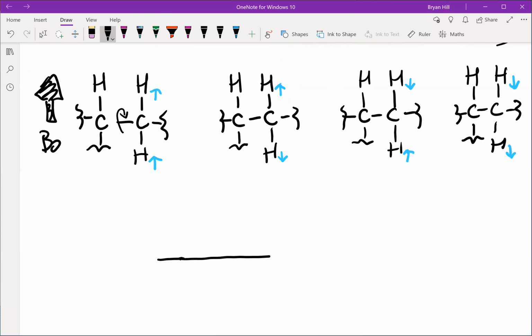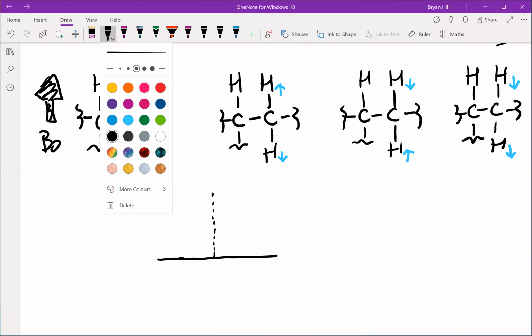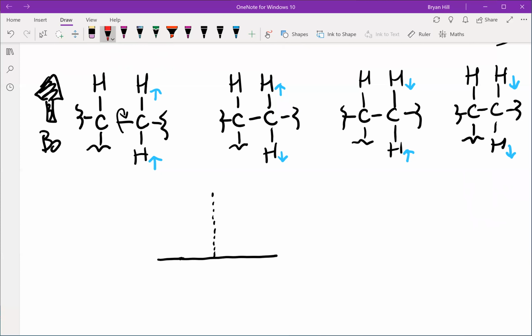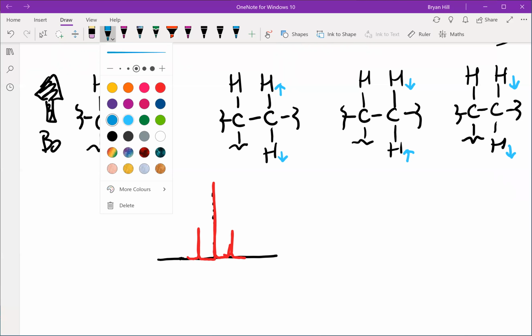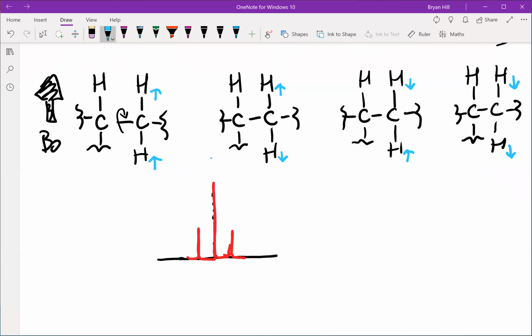So you would normally resonate right here. And let's use another color, red. In one scenario, if this was where you'd normally resonate, it requires less energy because the 2 neighboring protons are de-shielding you.